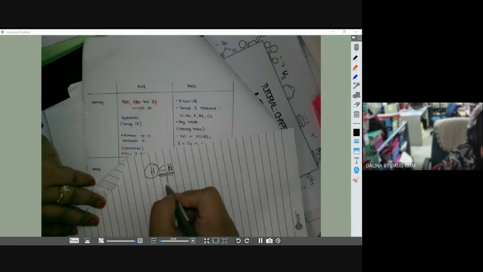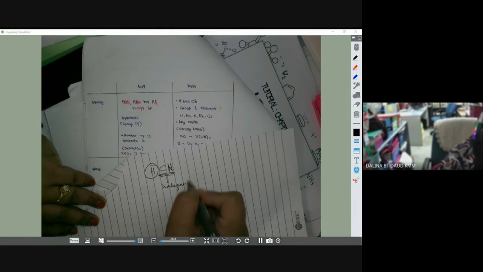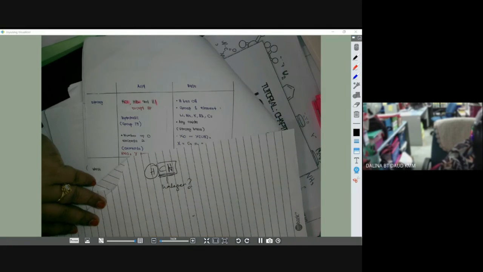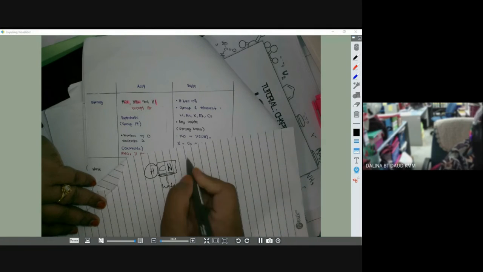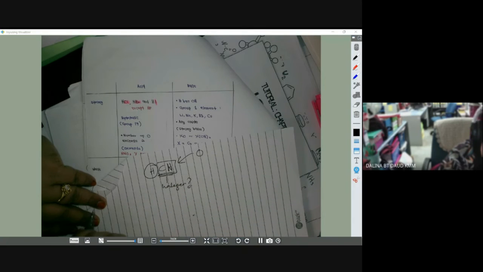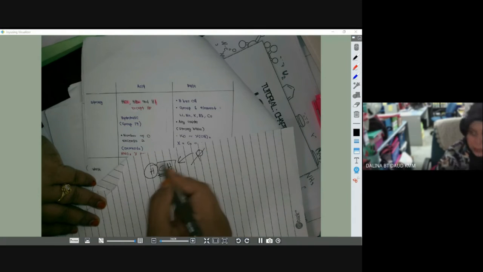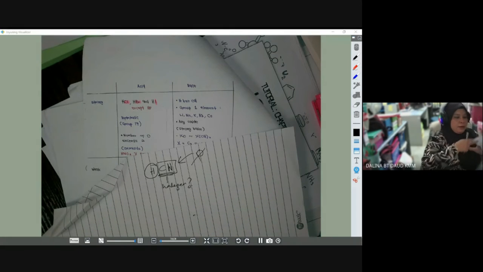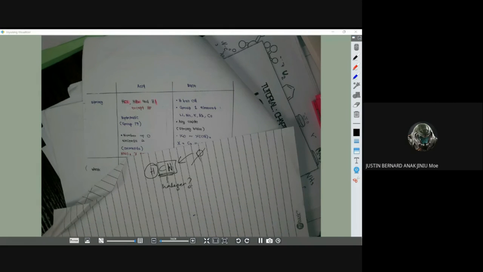No. Okay, so dia bukan strong lah. Dia ada O tak dalam ni? No. Tak ada. So, this is not strong acid. Automatically, this is a weak acid. Faham tak? Yeah, I get it now.